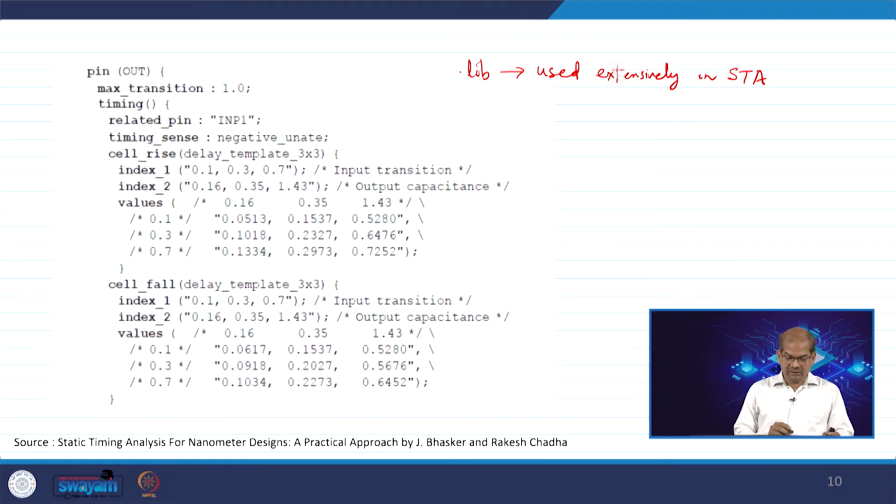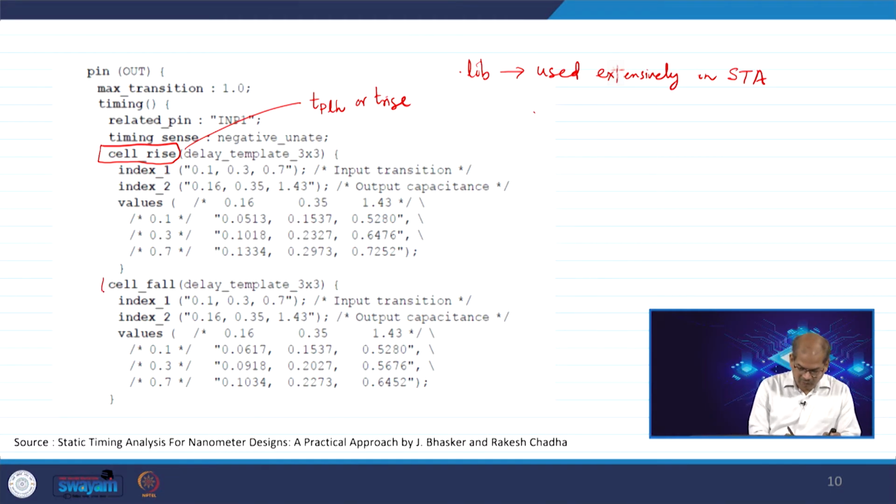Okay. So, here, the cell rise is the same as your Tp low to high, or T rise, whatever I defined in the previous slide.